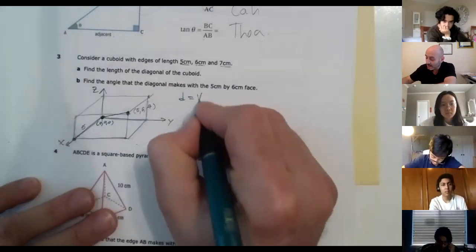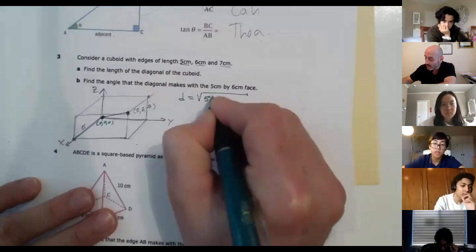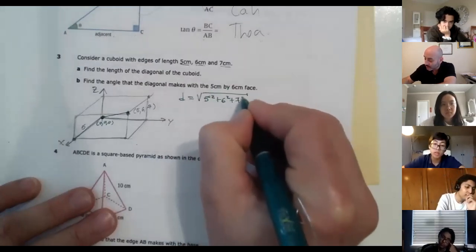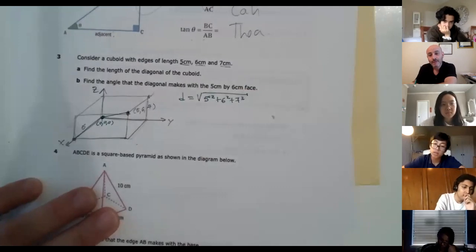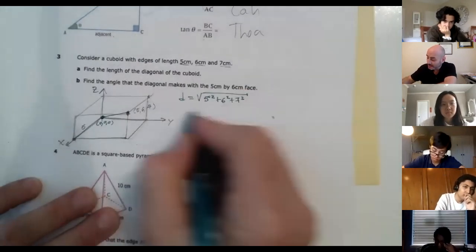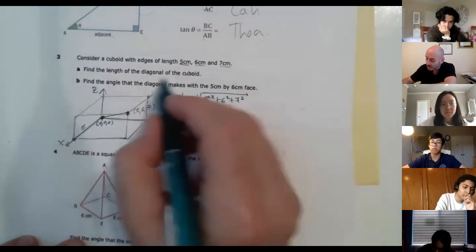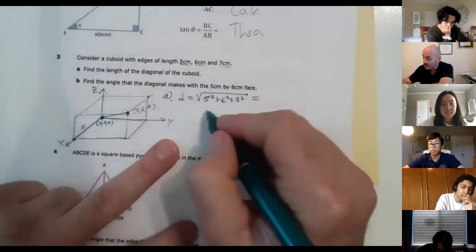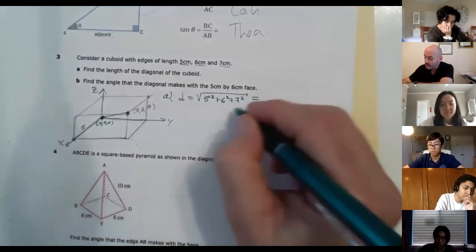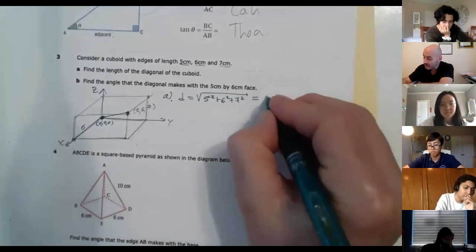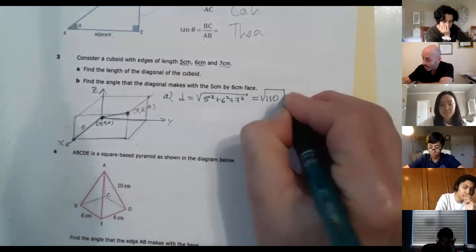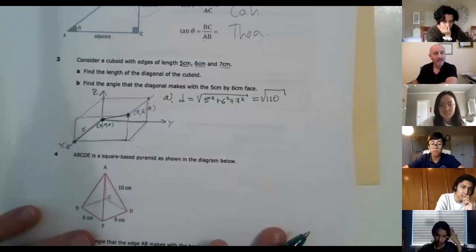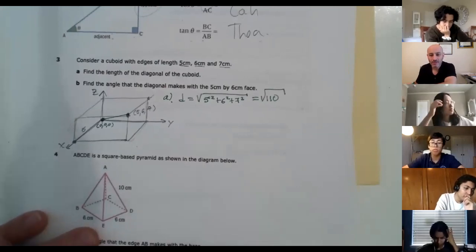So at the end, it's just the square root of 5 squared plus 6 squared plus 7 squared. That distance is the length. So this is part A. That distance is going to be the square root of 25 plus 36 plus 49, which is 110. So that's the length of that. Is that clear, or is there any particular question?